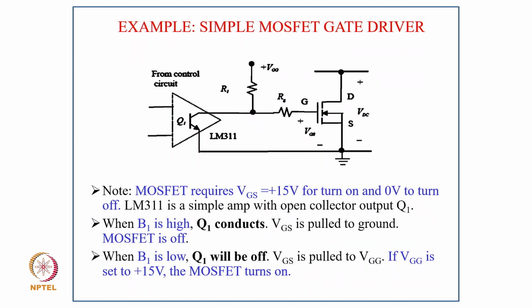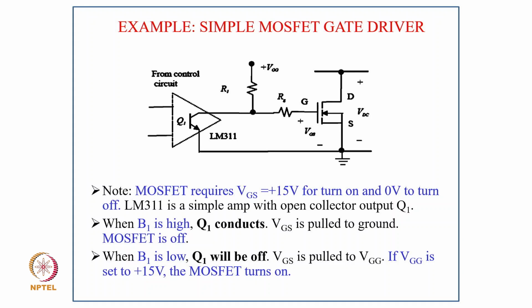Coming to an example of a simple MOSFET driver. In case of the MOSFET driver, we of course have a control pulse. You can call it an optocoupler circuit, like LM311, for the isolation, and then we have a power supply for the purpose of amplification, as you can see here, and then apply it to the MOSFET.